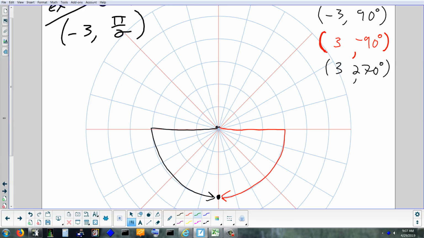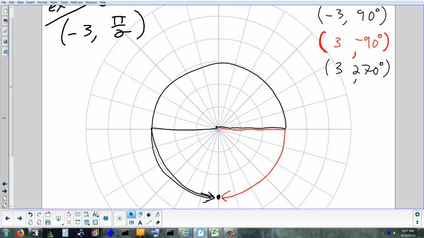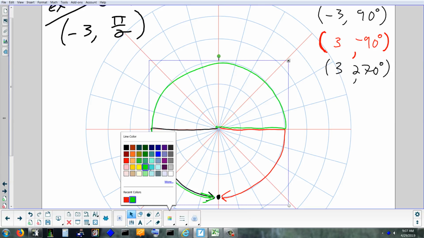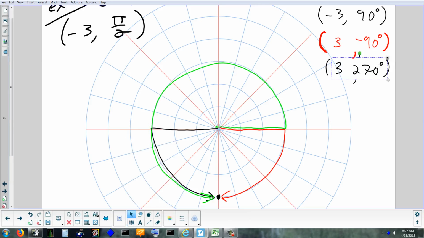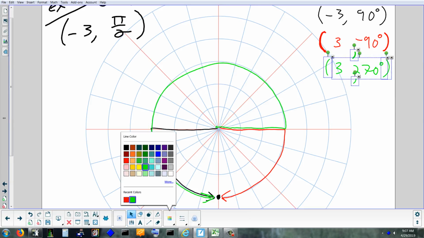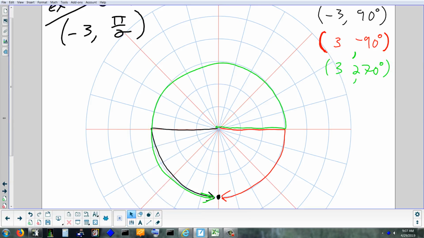So that's right 3, and then 270 degrees counterclockwise. Brings me right there. Yep, so that's another way. Let's make that one green. All right, so we got that. So that's a third way. How about a fourth way?